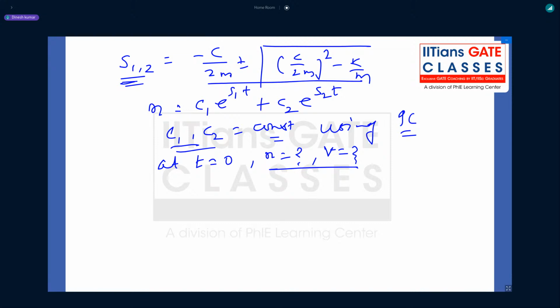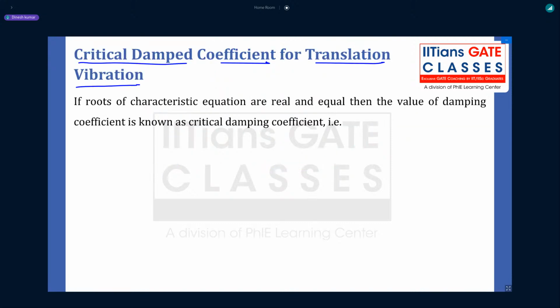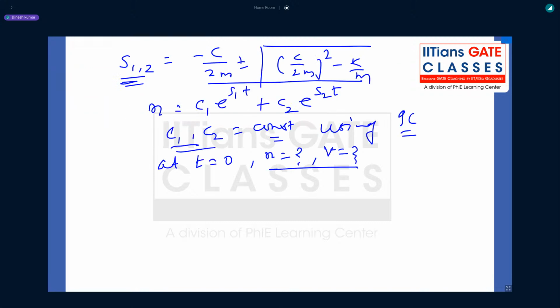But if your roots are real and equal, then the second part of this characteristic root will be equal to 0. So at that time your C is nothing but your Cc.